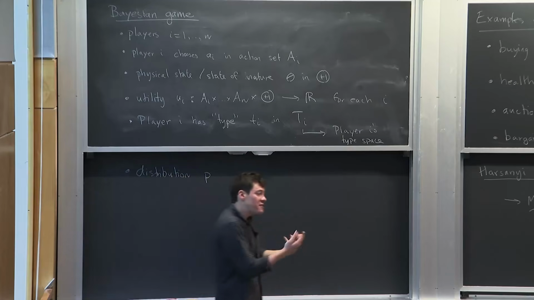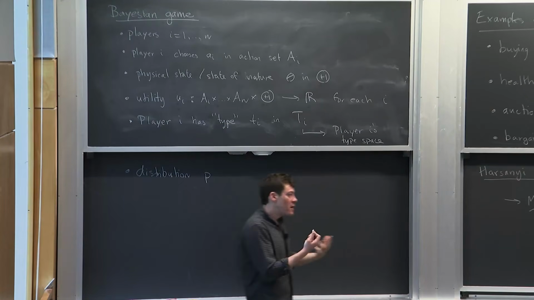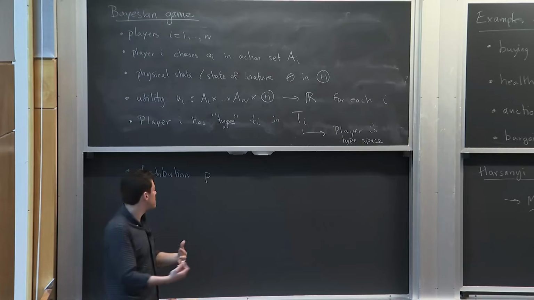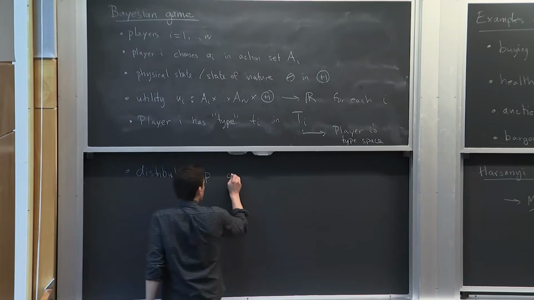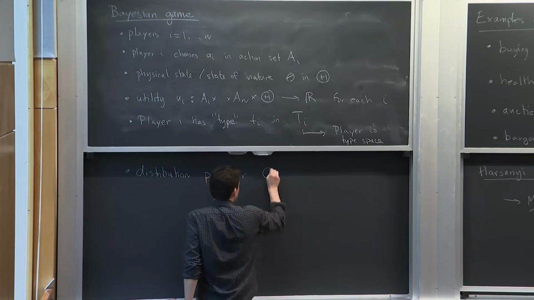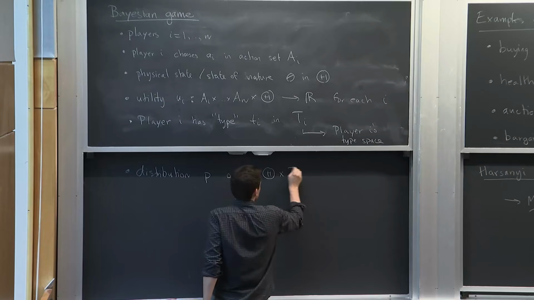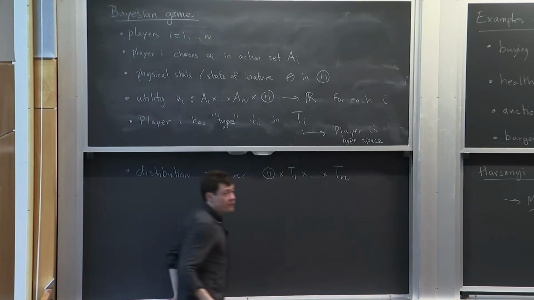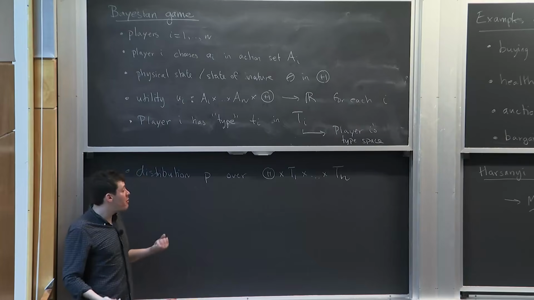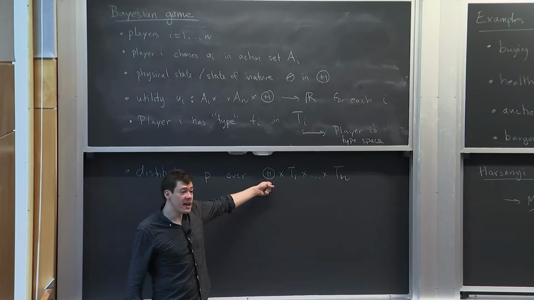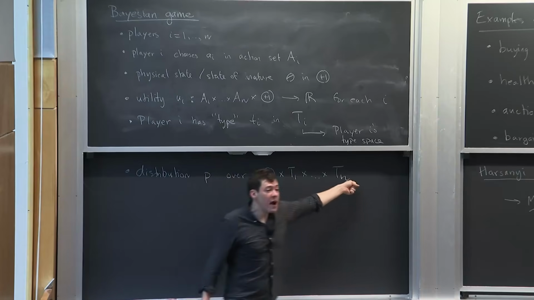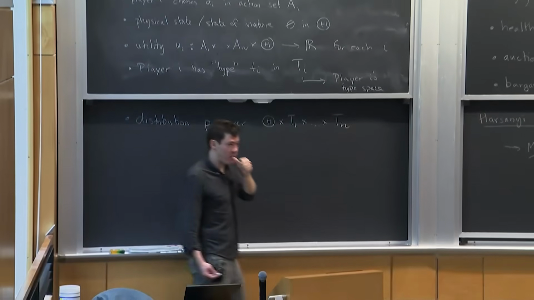And more generally, we have to specify the distribution over the combination of natural states and types. So this distribution P is going to be over Theta cross T1 cross ... cross Tn. So it's going to tell us what is the probability that the physical state is this, player 1's mental state is something, all the way up to player n's mental state being something over here.